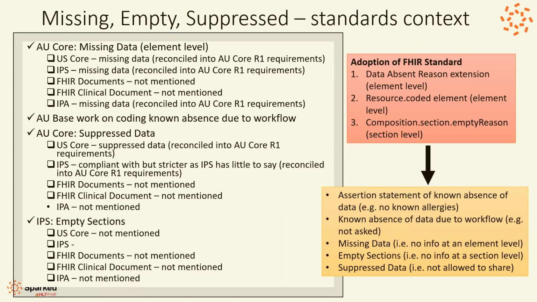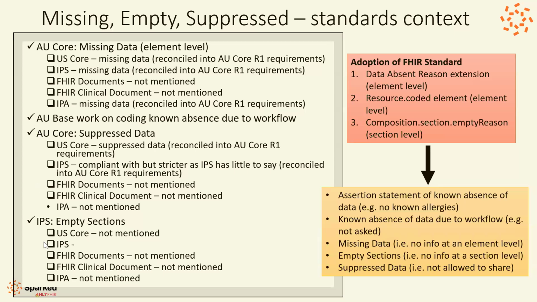Standards context. What is being proposed today comes from a bunch of different sources. What we've got on the left here, the ones with the ticks, are our primary sources. So we're really pulling in AU Core's missing data at an element level, IPS's empty sections, AU Core suppressed data, and AU Base work on coding known absence due to workflow.